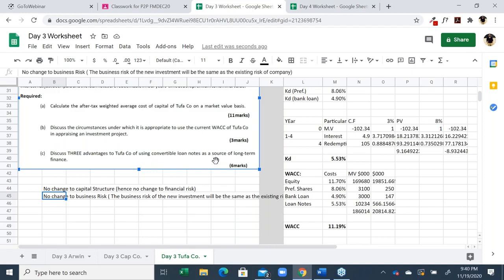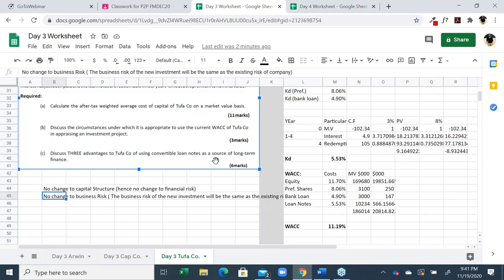The first benefit is it will be easy for the company to arrange finance for convertible loan notes than straight debt. More people will be interested to invest through convertible loan notes. That's the first benefit. The second benefit is because the company will be offering a conversion option, it will be paying a lower level of interest. That's the second advantage.